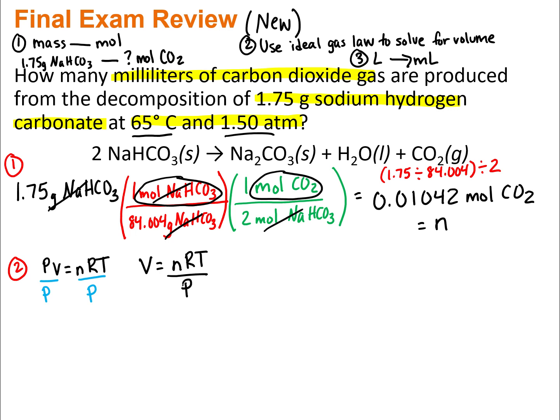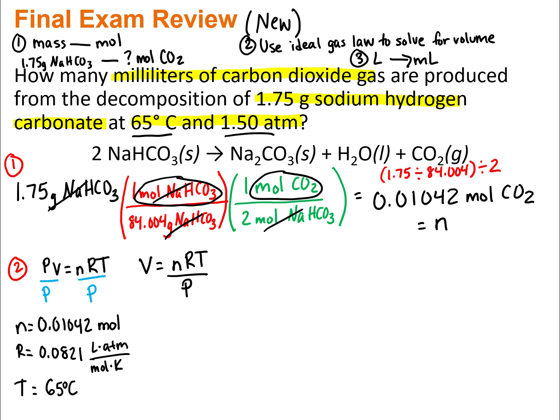Now let's assign our variables. We know our n. R is the ideal gas constant. The temperature we were given in the problem, which is 65 degrees Celsius. But you need to convert that to Kelvin.